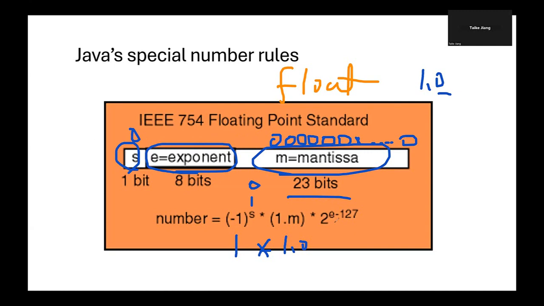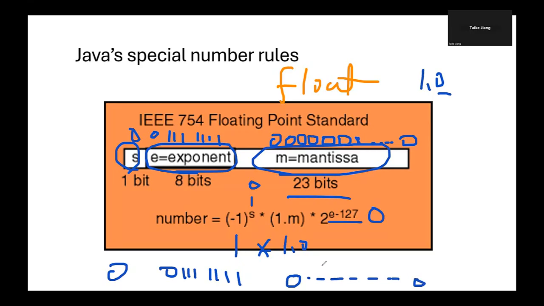And your exponent is e minus 127. So again, this number should be 0, so your e needs to be stored as 127. So it's 0, 1, 1, 1, 1, 1, 1, 1. So this number, 0, 0, 1, 1, 1, 1, 1, 1, 1, 0, and again, totally 23 zeros. This whole thing represents 1.0.